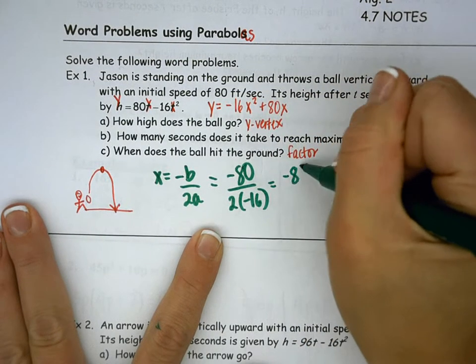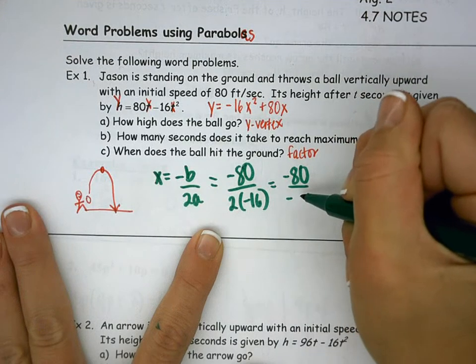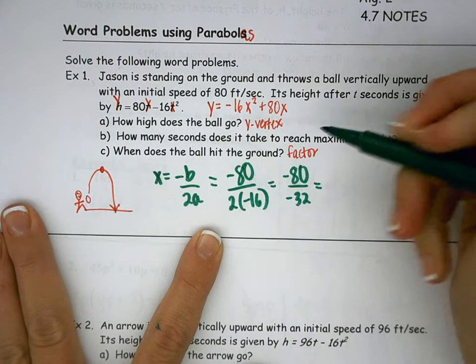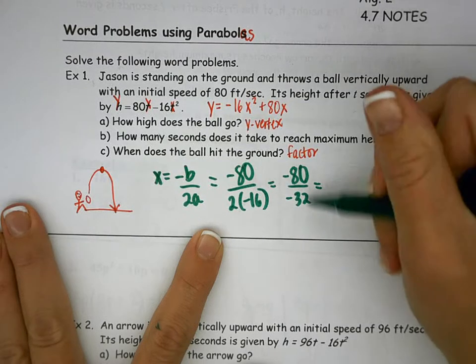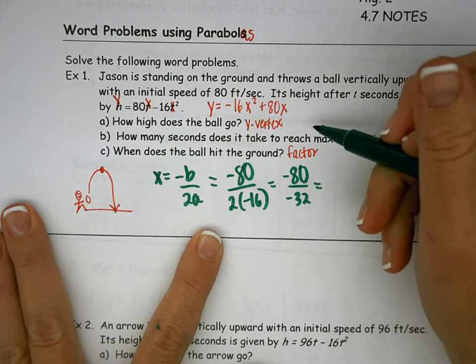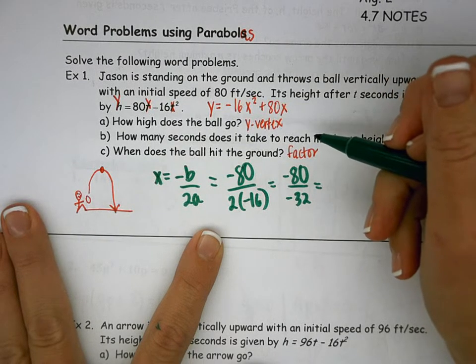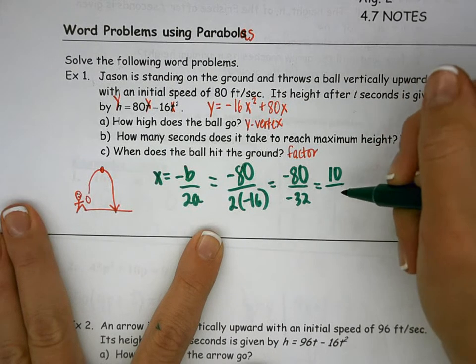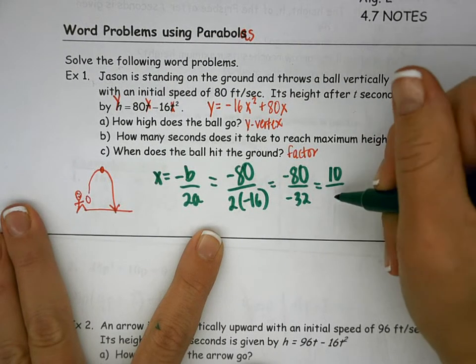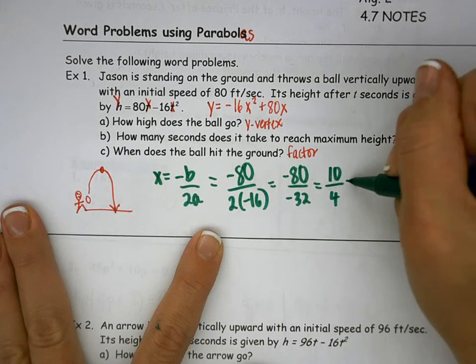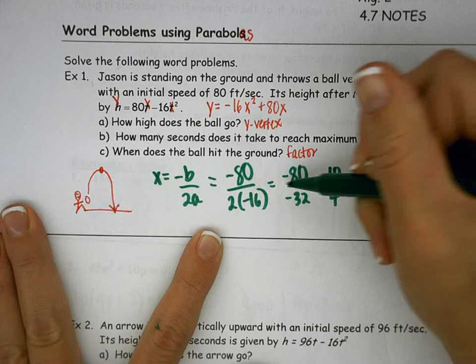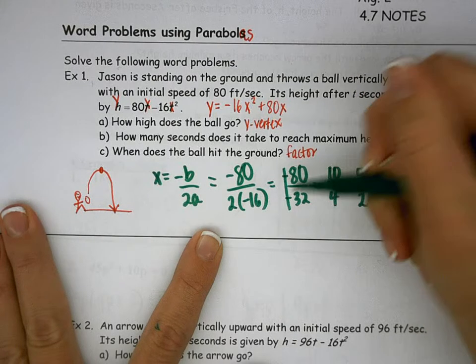So we get negative 80 over negative 32, which reduces. What can go into both of those? 8 and 4. We'd get 10 over 4, and then we can reduce by 2, and we get 5 over 2. And 2 negatives make a positive.